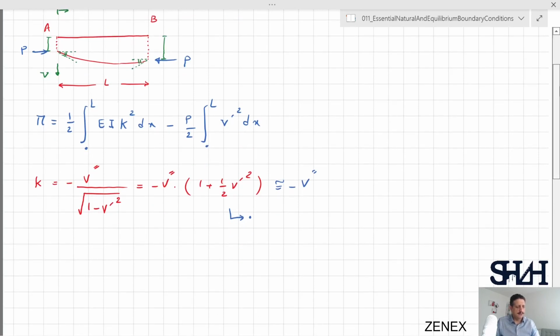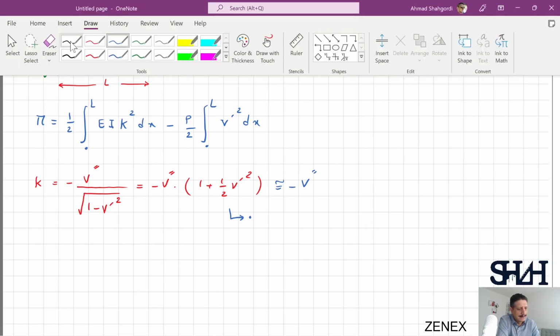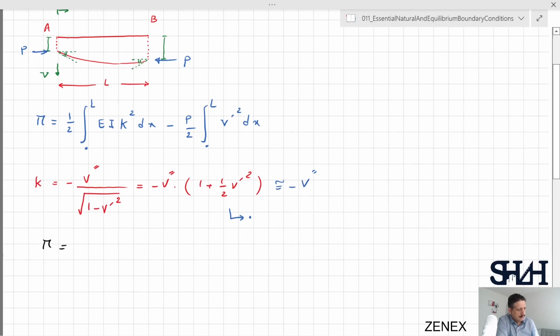Now, if we substitute kappa in the pi function, the pi function will be 1 over 2 integral from 0 to L of EI second derivative of V to the power of 2 dx, minus P over 2 integral from 0 to L of V prime squared dx.